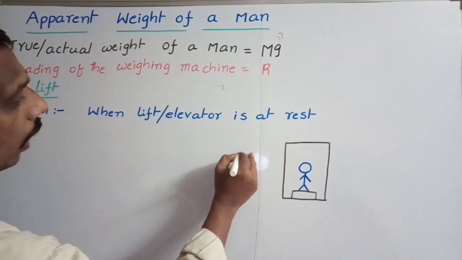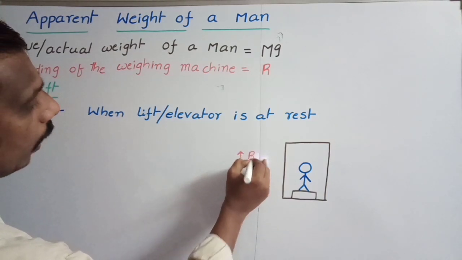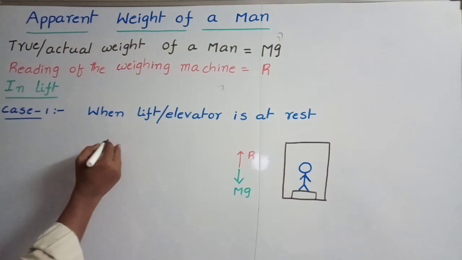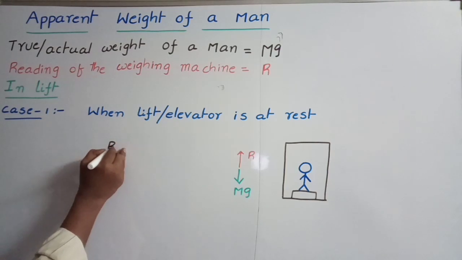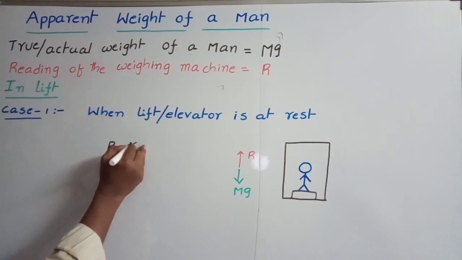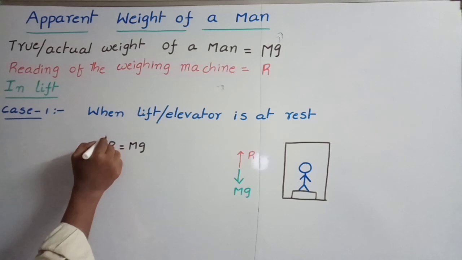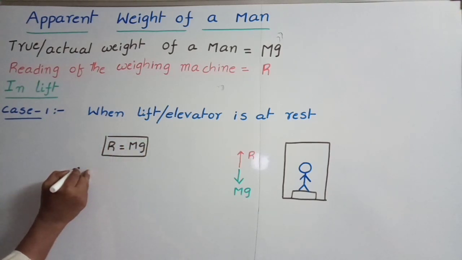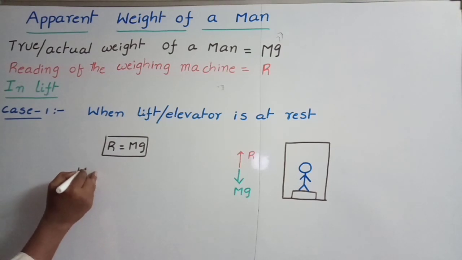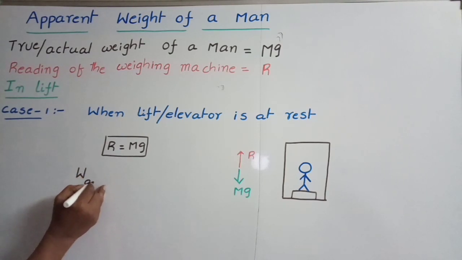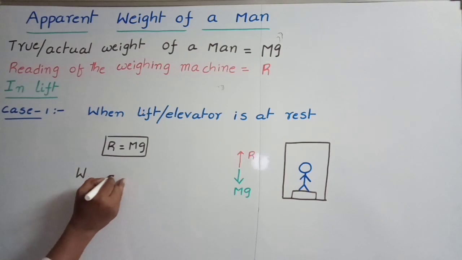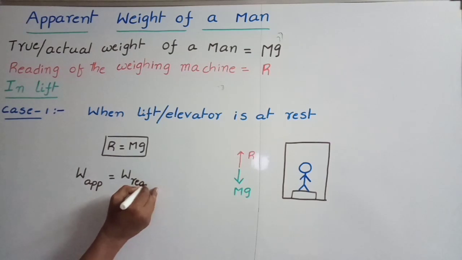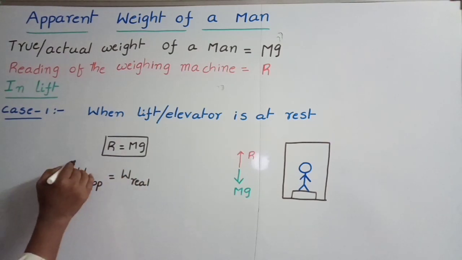So in this case, the reading in the machine is equal to Mg, R is equal to Mg. In this case, the apparent weight is equal to the real weight, W apparent is equal to W real.